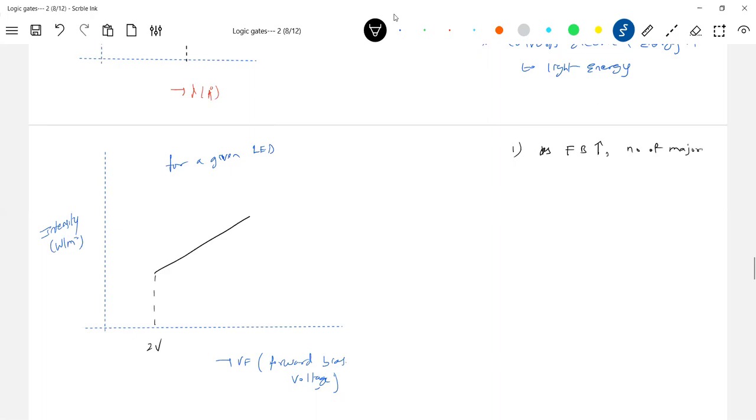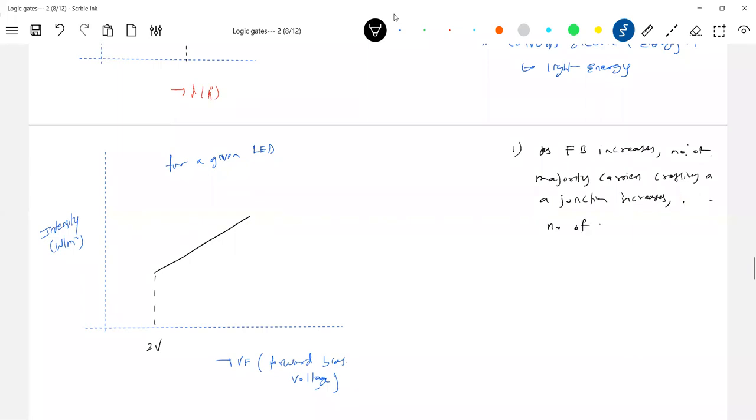Let me write the sentence only. Why is that? As forward bias increases, the number of majority carriers crossing a junction increases.